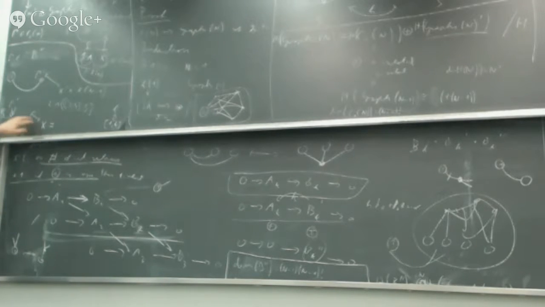But how does this map look like on this filtration? This x goes to something somewhere here and here, and I do the same after this mapping.